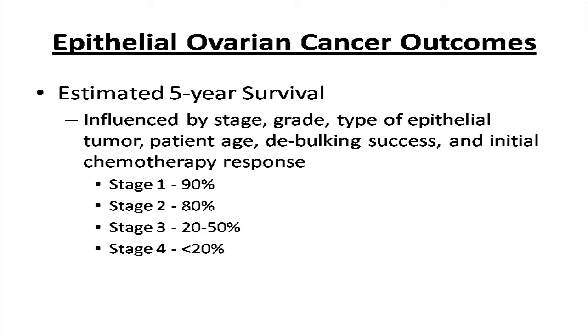In stage 2 disease, approximately 80% of patients will be alive at 5 years. Stage 3 disease, depending on the success of debulking and chemotherapy response, the estimated 5-year survival range is 20 to 50%. Stage 4 disease has less than 20% 5-year survival rates.